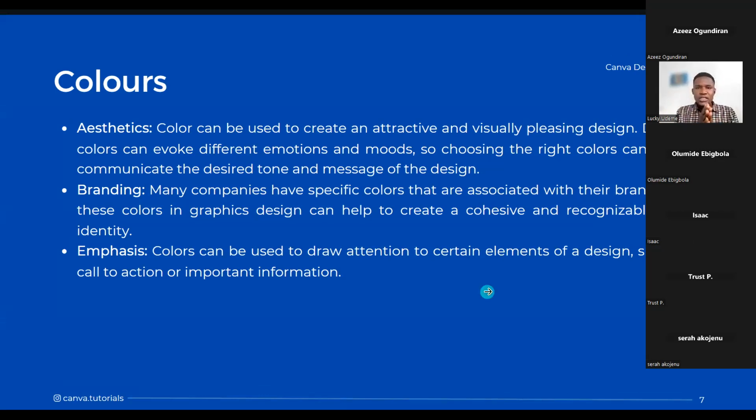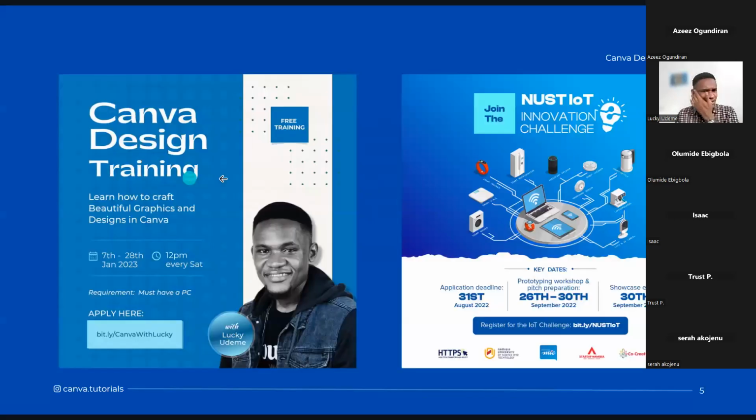Also, can you just think from the design, my own design, the design I use for the class? This blue, why do you think I use this blue? Just a guess. You may be correct, may not be correct.